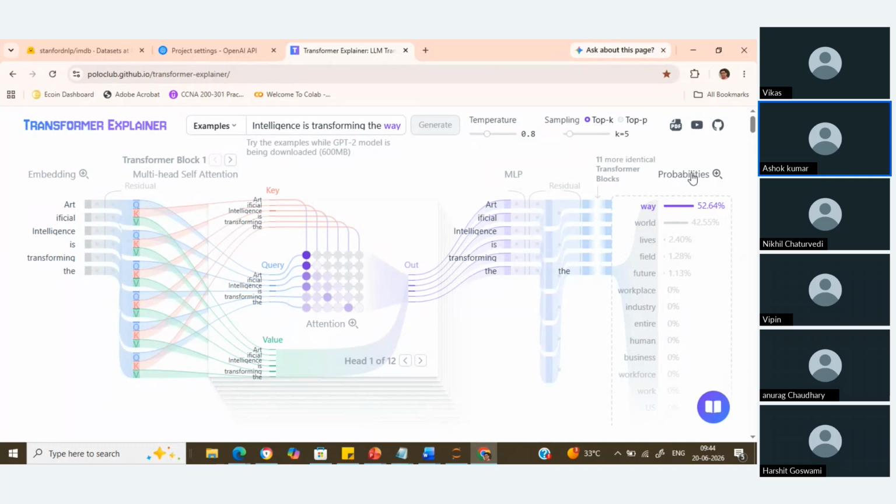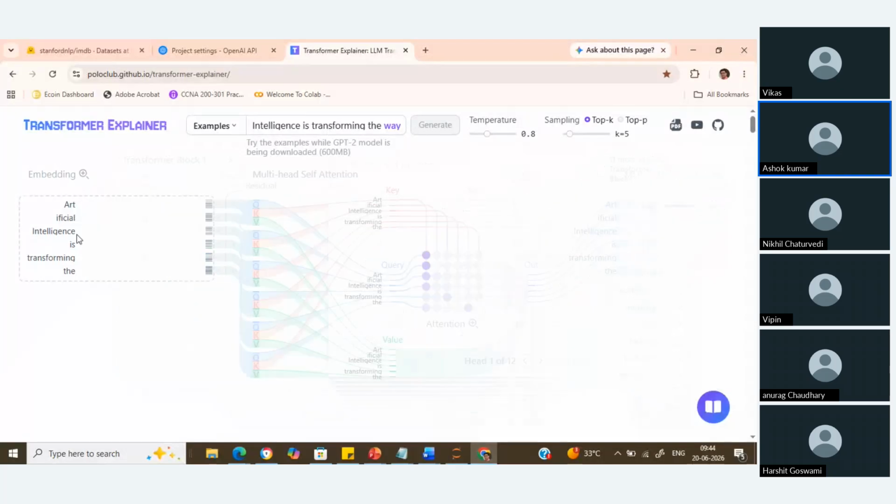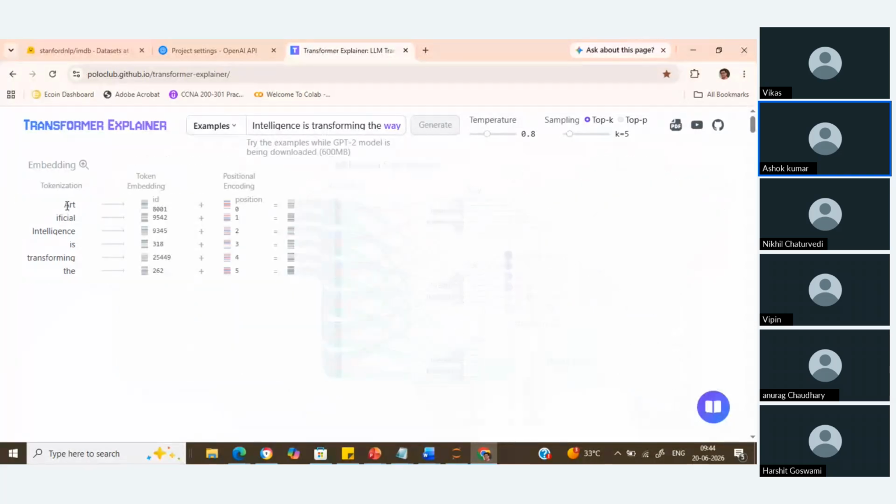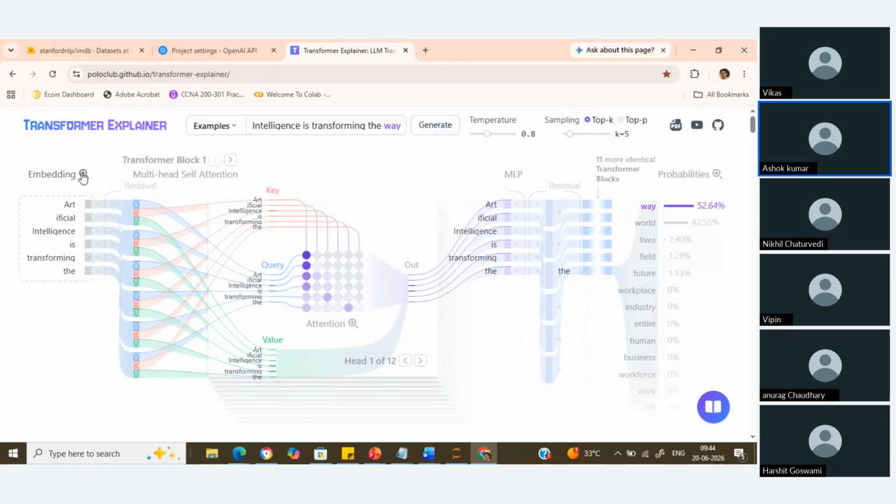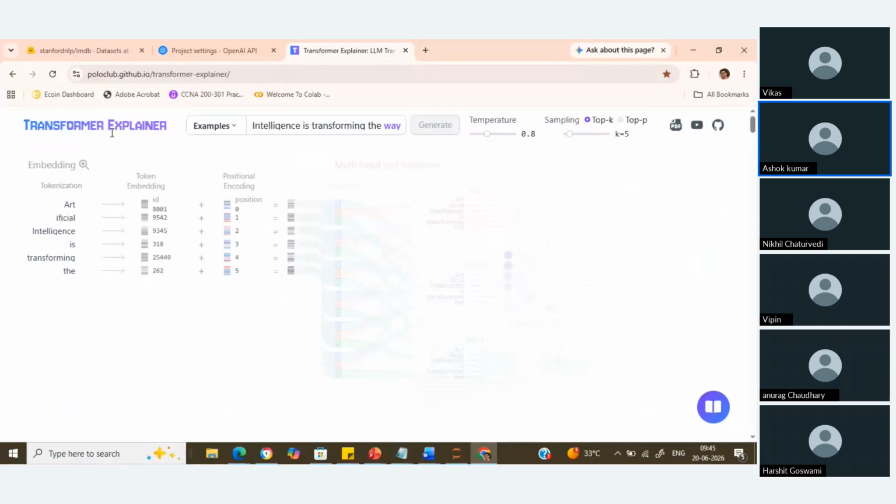Now what is happening: the sentence is broken into tokens, artificial intelligence. Art is one token, the next piece is another token, intelligence is another token, transforming is another token.